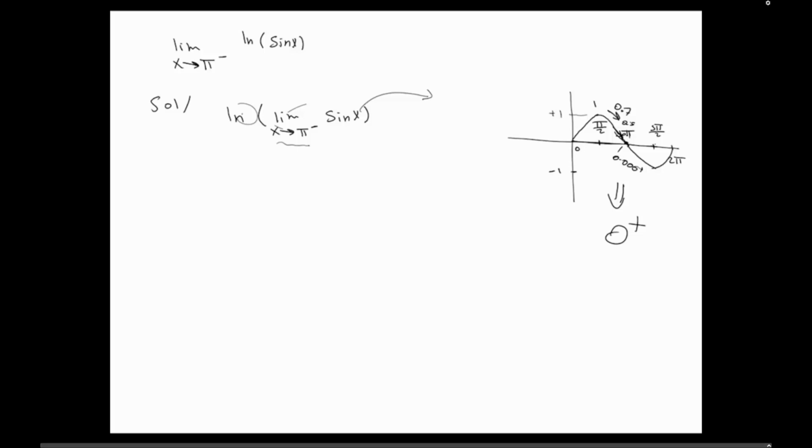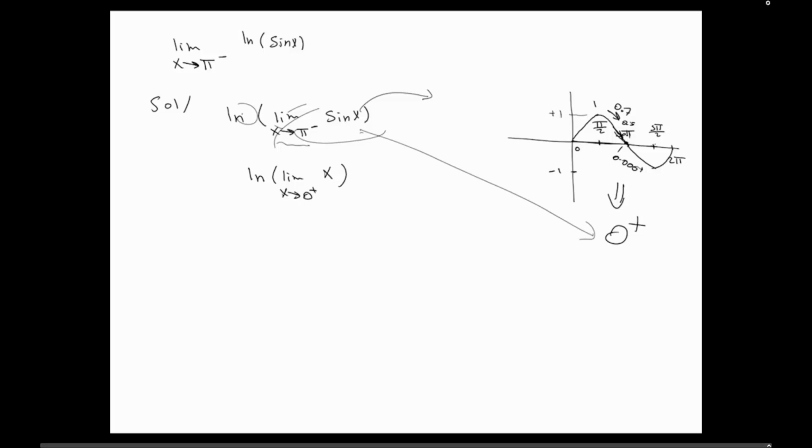So let's substitute that. Now our ln is of the limit where our value is x, but this time x approaches 0 from the right side. Basically, instead of writing sine x, we substituted this value, because this says that our function gets closer and closer to 0 from the right side.